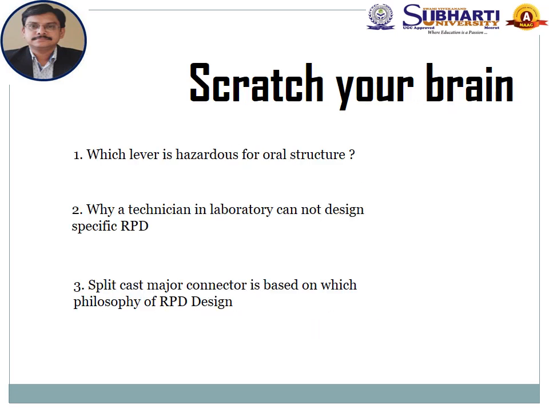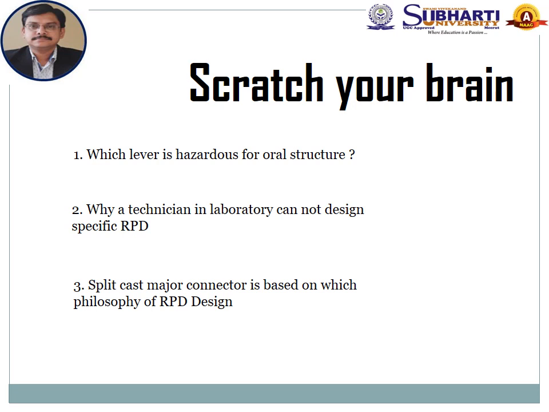So if you have understood the facts which we had discussed, now it is time to scratch your brain and answer a few questions. The first question is, which type of lever is hazardous for oral structure? The answer would be the class 1 lever.